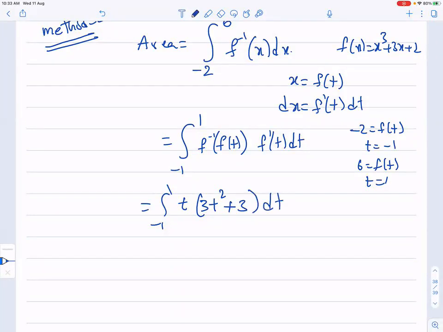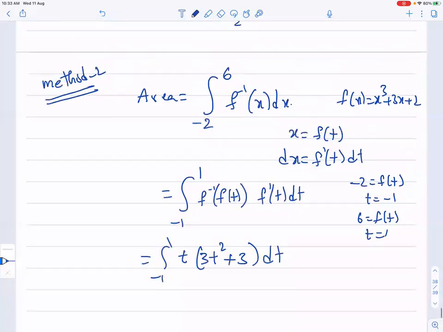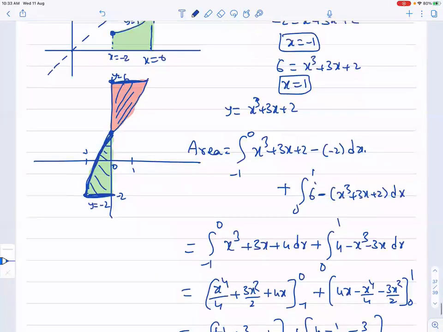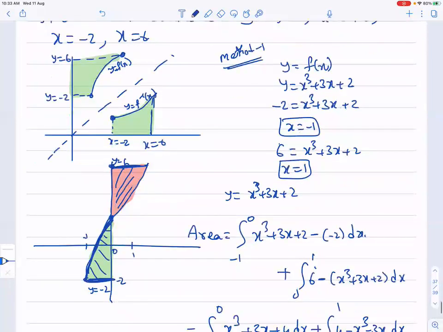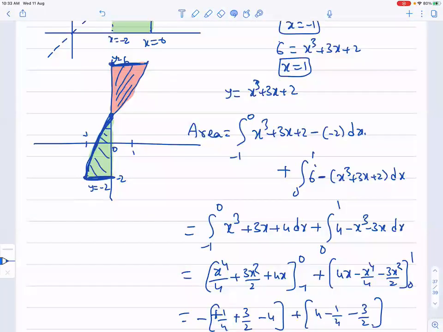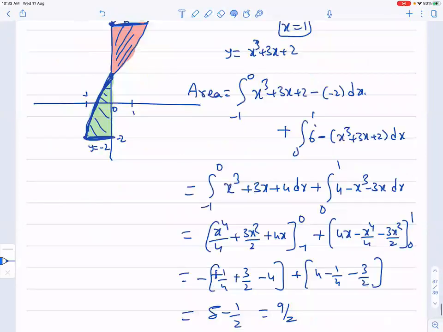Correct? Any doubt? Yes or no? Why is it coming 0? Just a minute. Some portion of it is negative, right? It comes 0 because, my mistake, one minute.